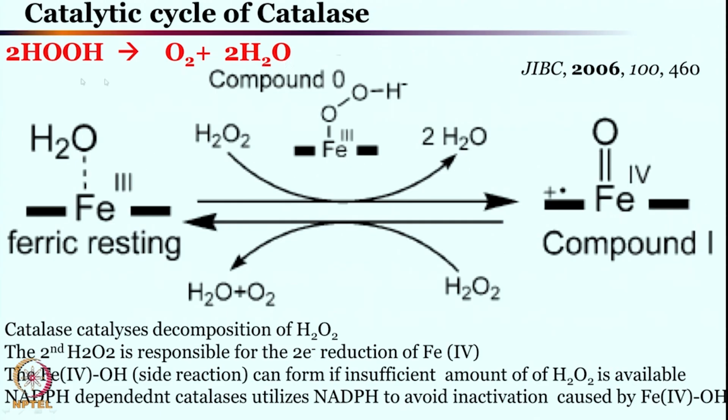So this is quite fascinating, provided enough hydrogen peroxide is available. This catalytic cycle is quite exciting and will be able to degrade hydrogen peroxide quite efficiently to oxygen and water.